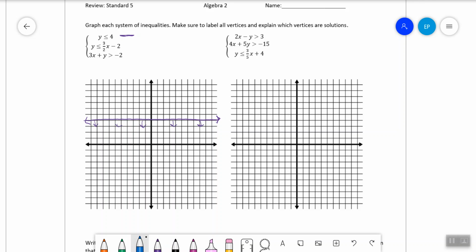On the next equation, y is less than or equal to -3/2 x minus 2. So at -2, plot a point, I'm going to go up 3 over 2.